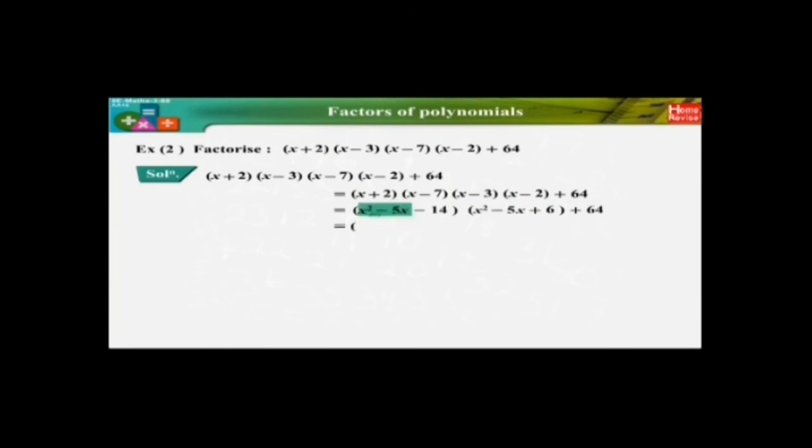64. Now we will factorize m minus 14, m plus 6 plus 64, putting x square minus 5x equal to m.